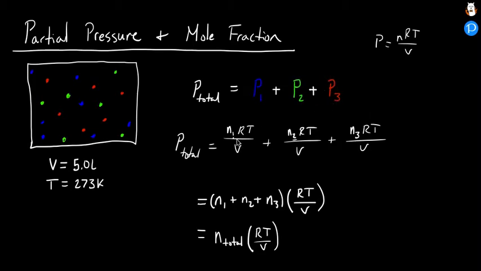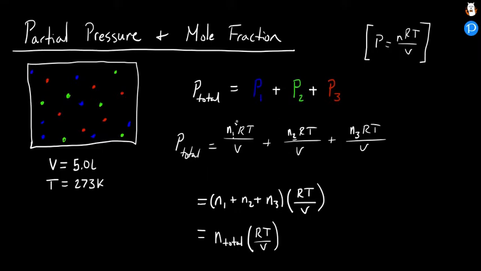So then we can set this up. Remember, using our ideal gas law, if we rearrange it, pressure is equal to the number of moles times the gas constant times the temperature divided by volume. So we replace the pressure of gas 1 with nRT over V, and then the pressure of gas 2 is the number of moles of gas 2 times R times T divided by V, and same thing for gas 3, which would give us the total pressure.